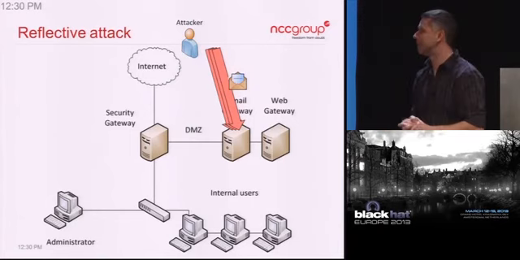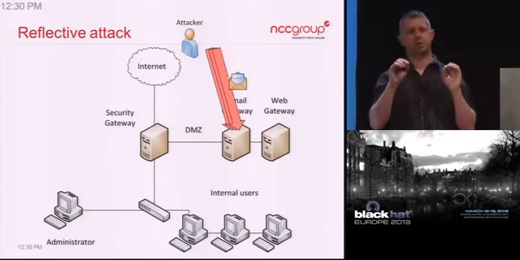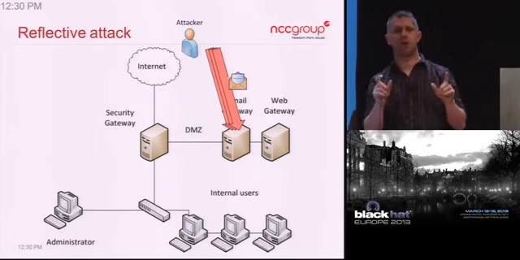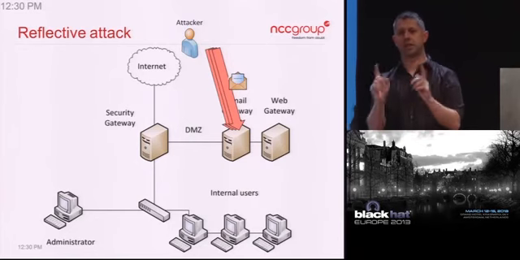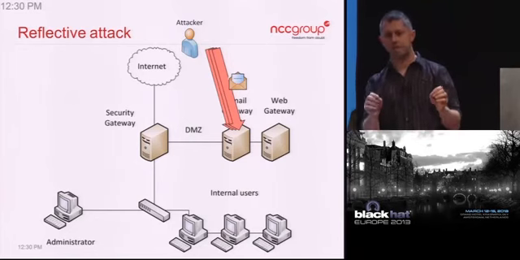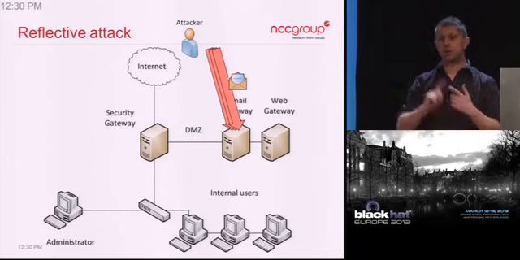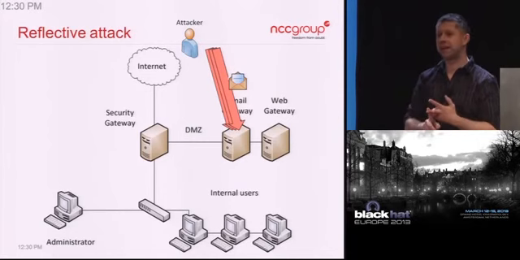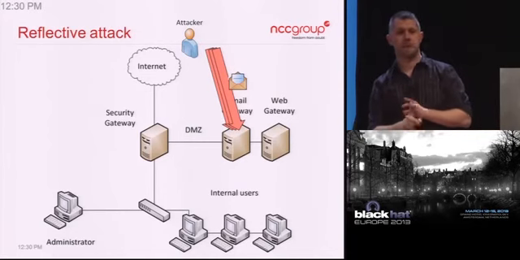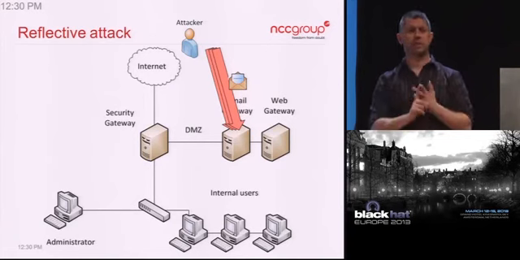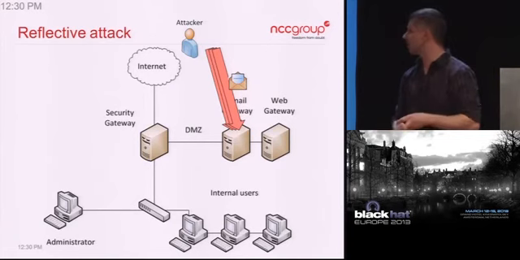But probably more commonly, some of these products mark every message they process with the product name and the exact product version in an X header. So by sending emails to non-existent users and getting bounce messages, you can get the product version, but you can also often get the internal IP address of the machine, which are two of the three things you need in order to do these kinds of reflective attacks.